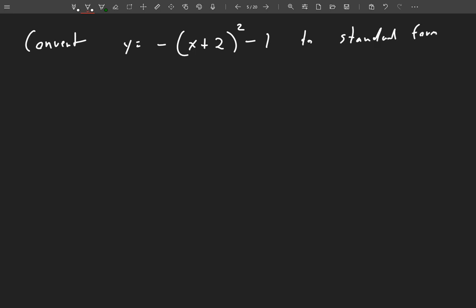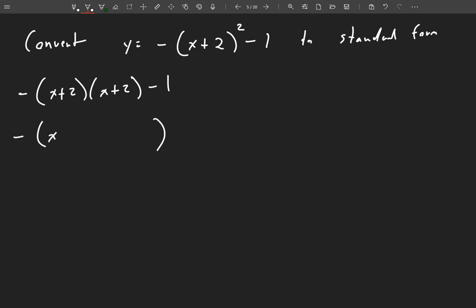So if I wanted to convert this to standard form, how would I do that? Well, just like last time, I'm going to write this out as 2 parentheses. And then I'm going to leave this negative out here. I'm not going to do anything with it yet. I'm going to FOIL all this out. But I'm going to keep it in parentheses because these things here are being multiplied by a negative. I don't want to mess that up.